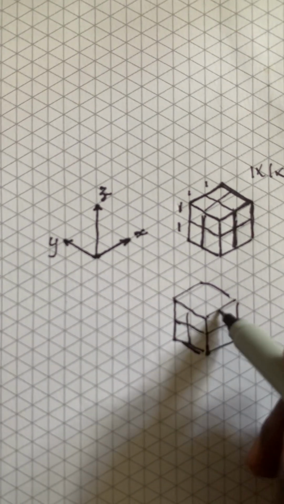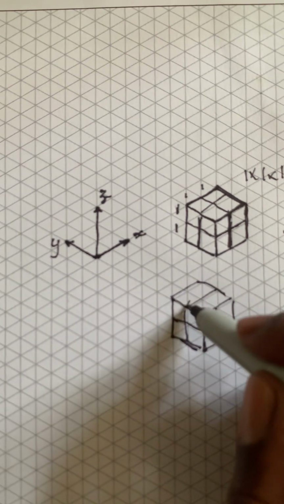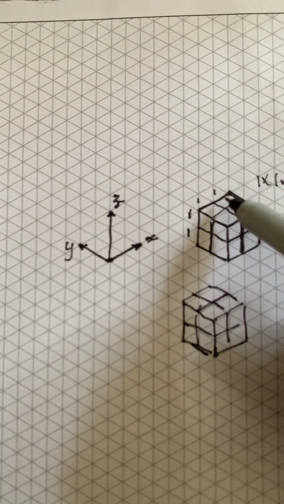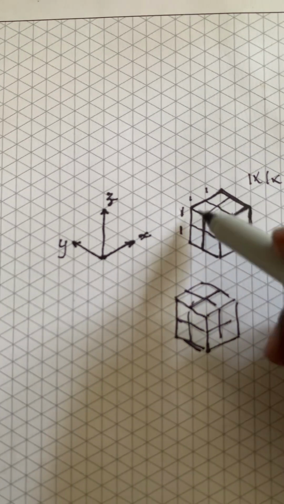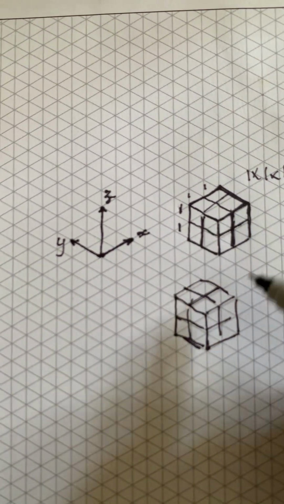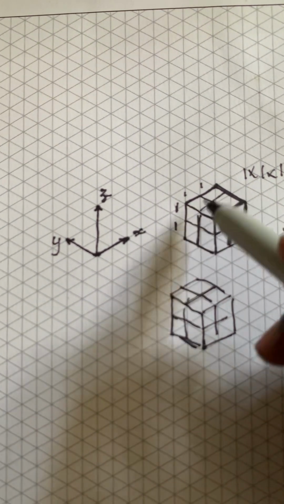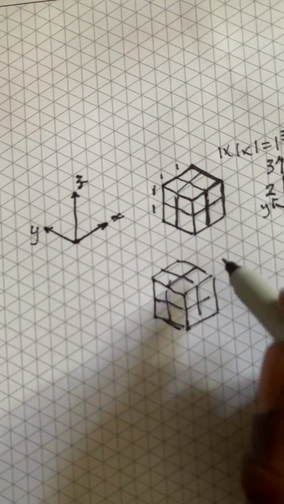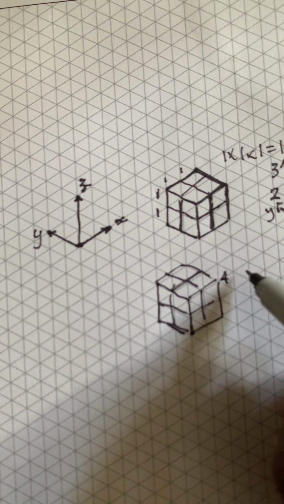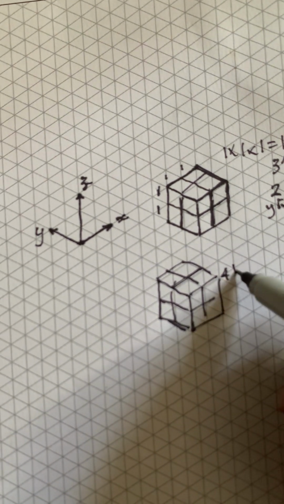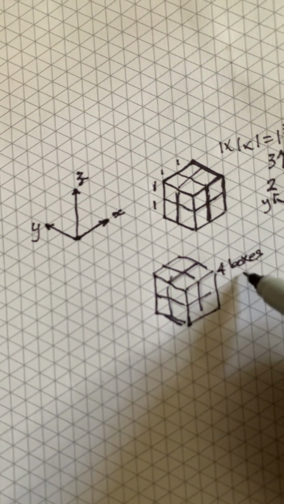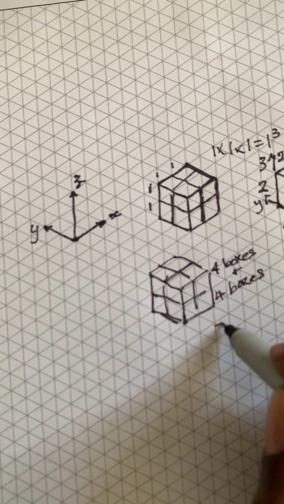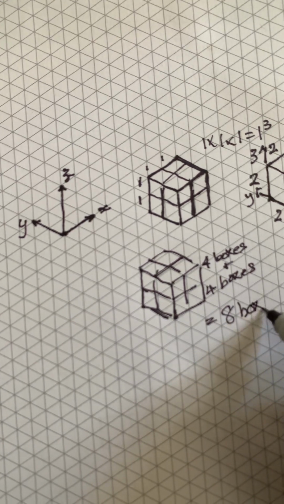So if you think about it another way, you can think, oh yeah, I've got 1, 2, 3, 4 on one plane, and then you've got another 4 underneath, so 4 plus 4 is 8, right? 4 boxes plus 4 boxes equals 8 boxes.